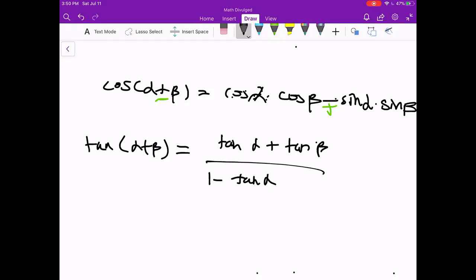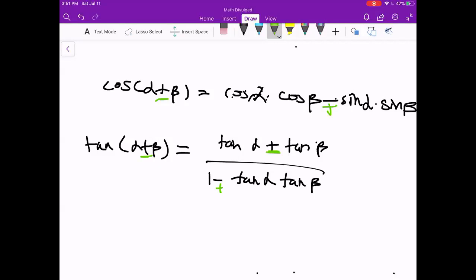This is probably the hardest to memorize out of the 3, or maybe not, depending on who you are. But if you have tangent alpha minus beta instead, this would become a negative, this would become a plus. So those are the 3 sum and difference formulas, and from these, we're going to derive the double angle formulas.